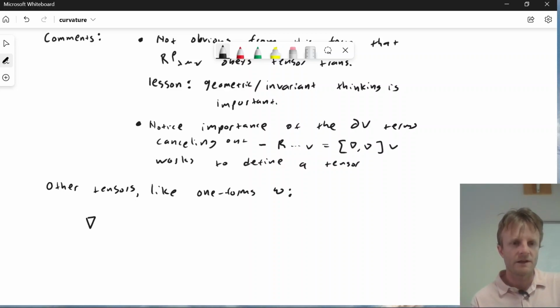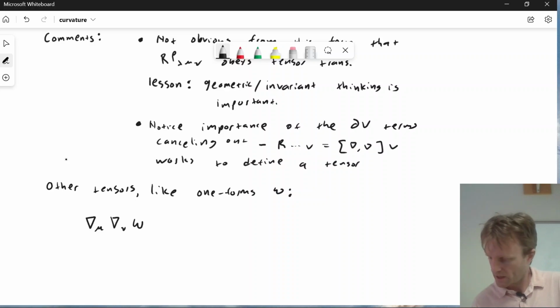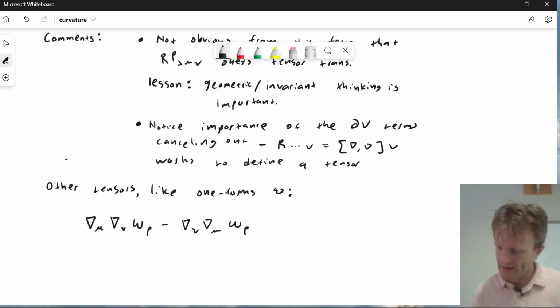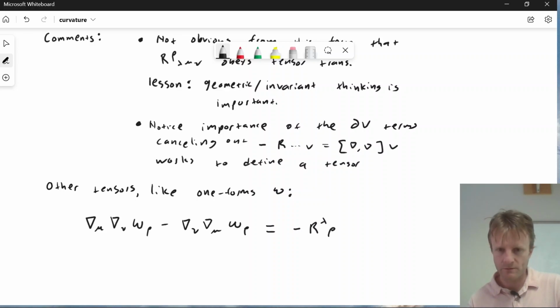We're going to have the same equation: del mu, del nu, omega rho, minus del nu, del mu, omega rho. I'm going to tell you the answer, and then we'll check it. Minus Riemann lambda rho mu nu omega lambda.